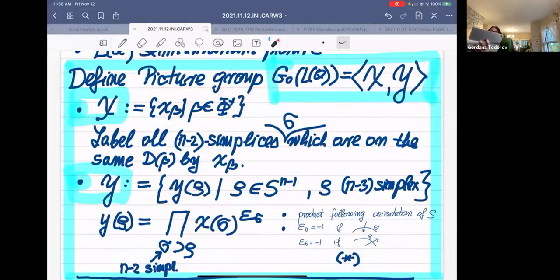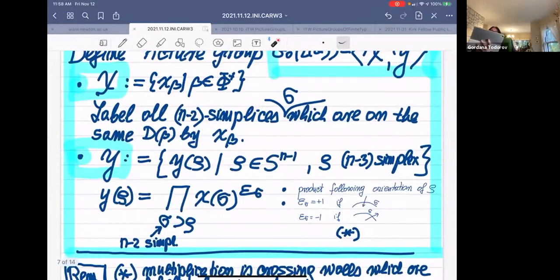I label everything on the same d beta with the same x beta. And now I need to define what the y's are. So now I look at each row, which is an n-3 simplex, which in A3 is just a vertex. And I define y rho in the following way.